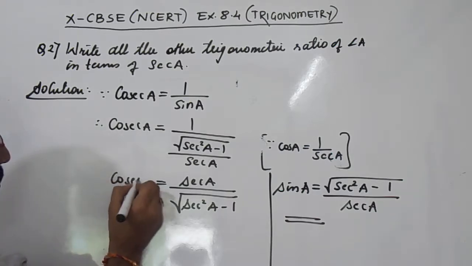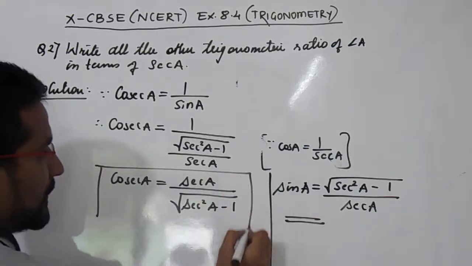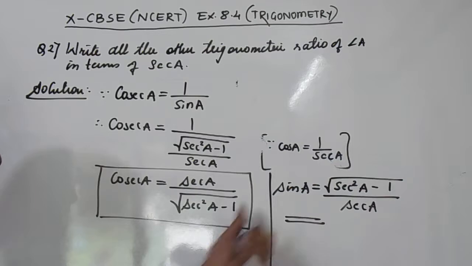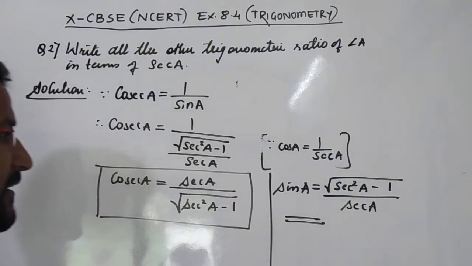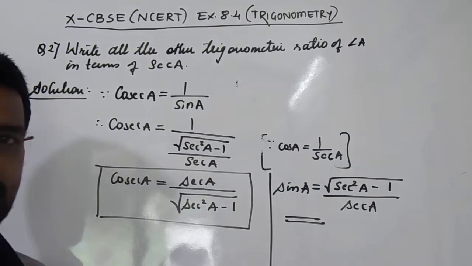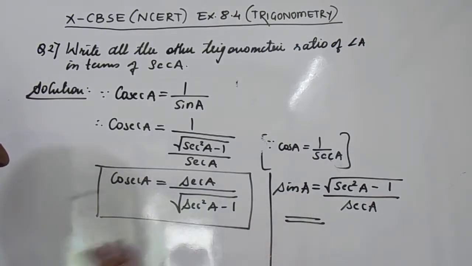So this is cosec A in terms of sec A. So if we get sin A, we can get the cosec A also. So this is the relation between cosec and sec.